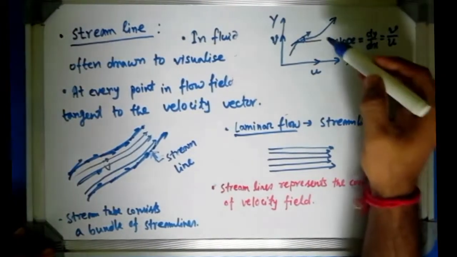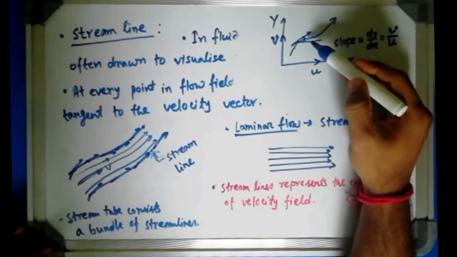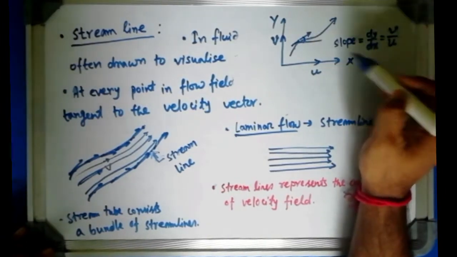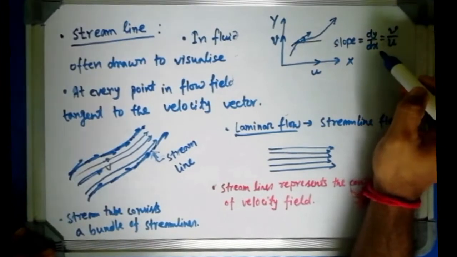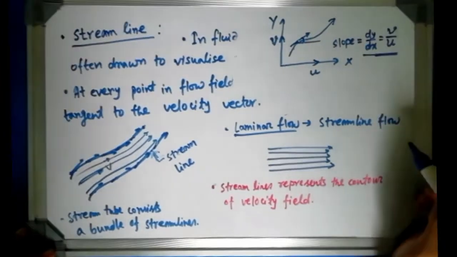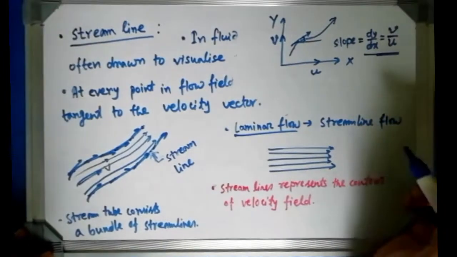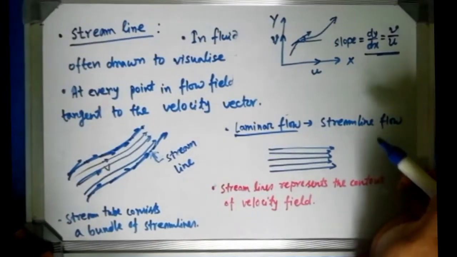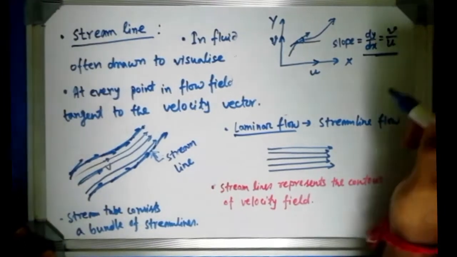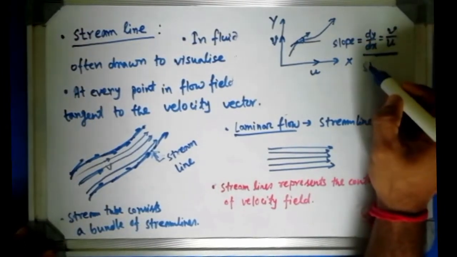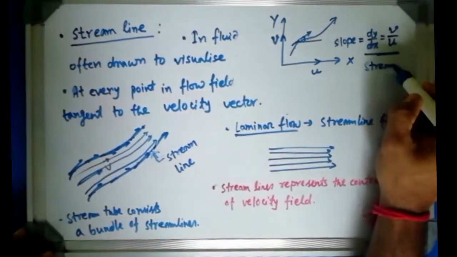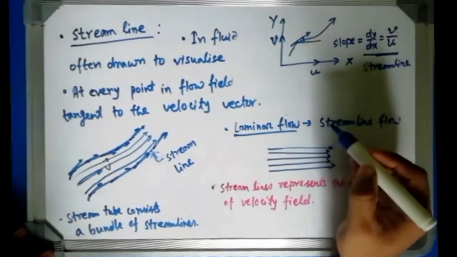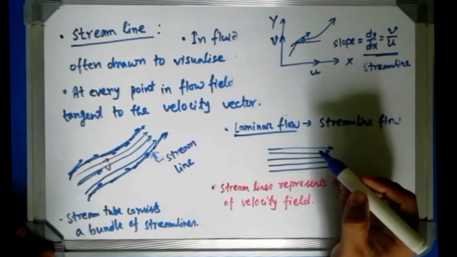So at every discrete point, if I try to find the slope of that particular streamline, we get this value v by u. V is the y component of velocity and u is the x component of velocity. So the slope of the streamline will look like this. This is the slope of the streamline. From there you can generate the equation of the streamline.